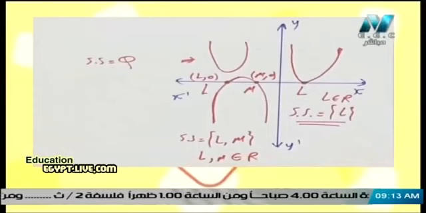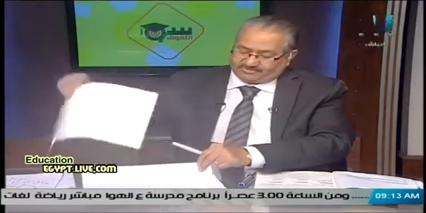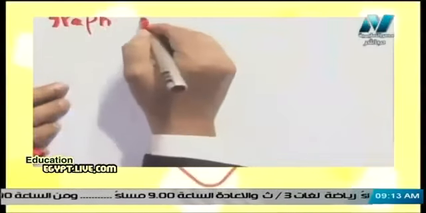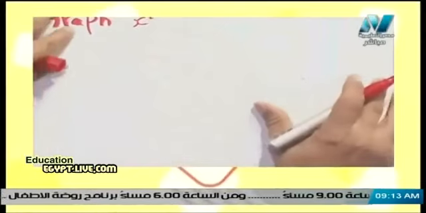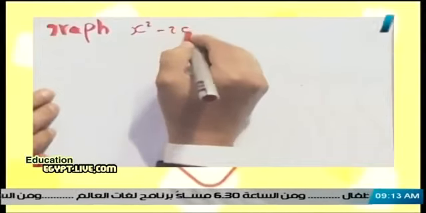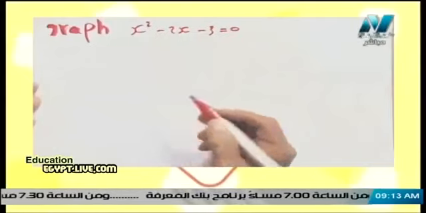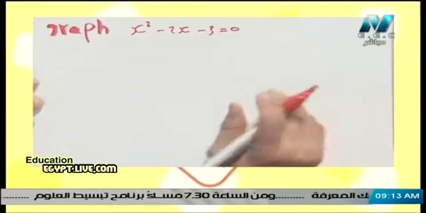Okay, let's take an example here. We will have some examples to graph quadratic functions or quadratic equations. If we have an example like: graph the equation x² − 2x − 3 = 0. First, we have to find a table.